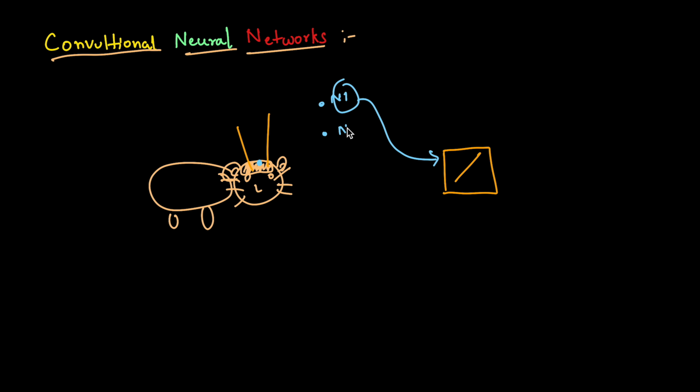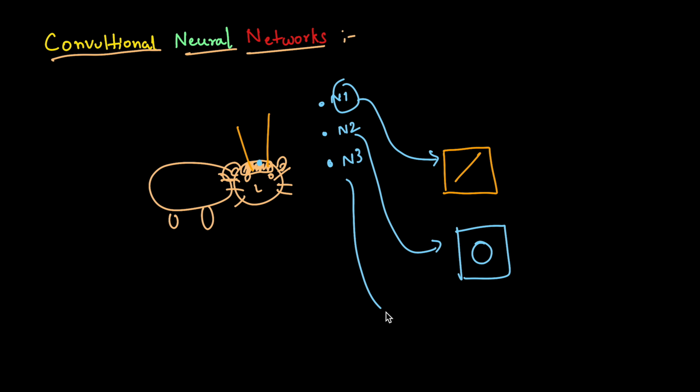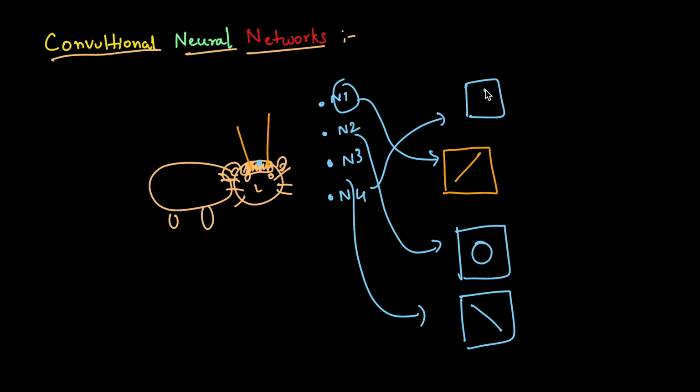Some other neuron, N3, gets fired when it sees another shape like this, or N4 when it sees a slanted line like this.